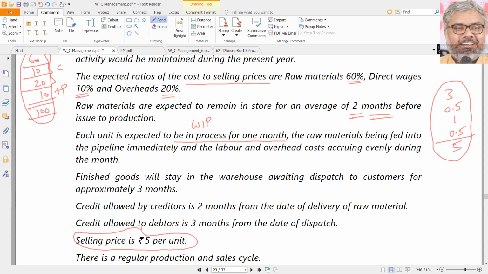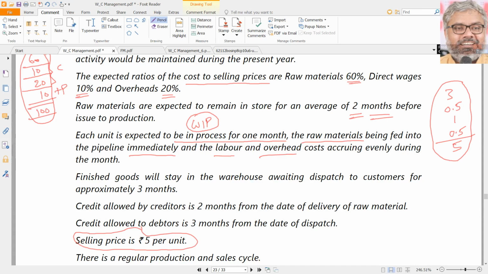But read the information carefully. The raw materials being fed into the pipeline immediately. In other words, raw materials will be there in the process for the entire month, total month, because they are going to be fed into the pipeline immediately. Fed into the pipeline means production process at the beginning of the month. So they will be there during the entire month as part of work in progress.